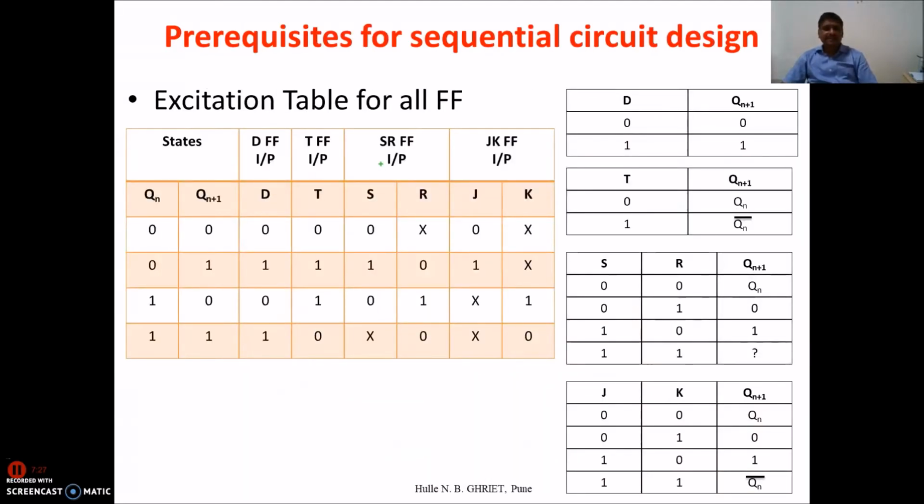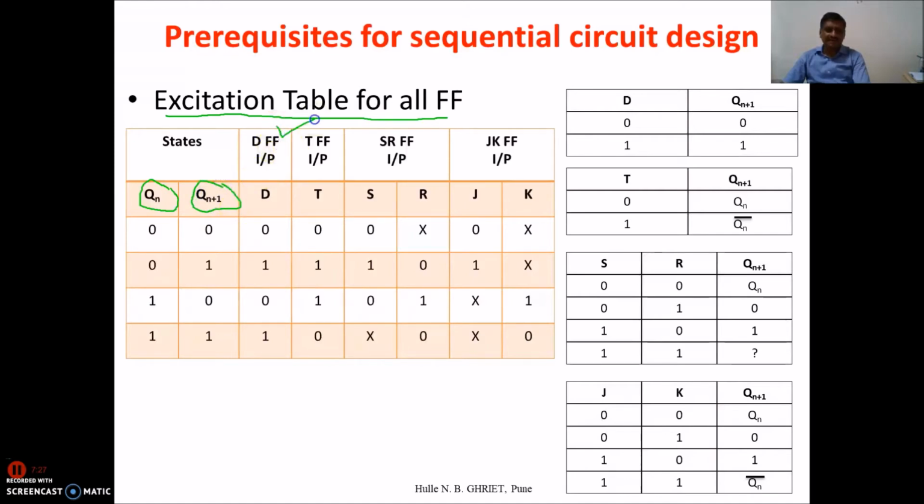Now basically, we need to have a conceptual understanding of the excitation table for the design of the sequential circuit. Without understanding the excitation table of the flip-flops, it is difficult to design the sequential circuit. Here, Qn is the present state and Qn plus 1 is the next state.